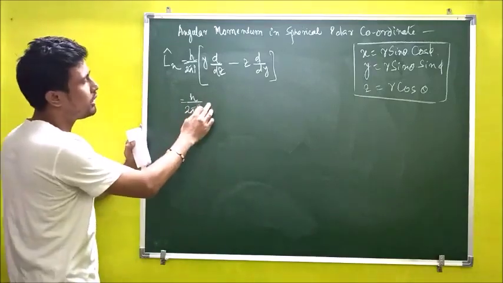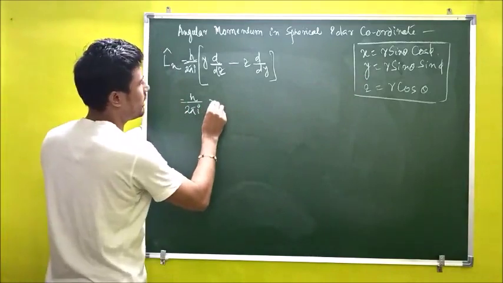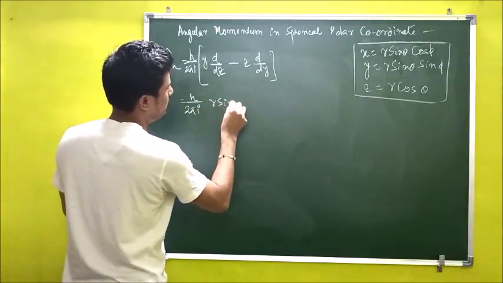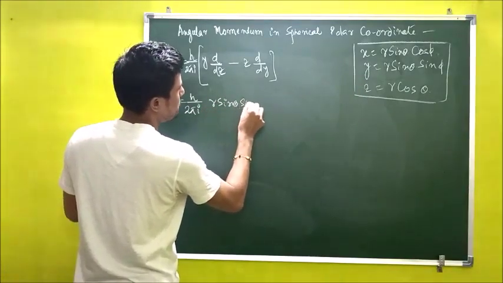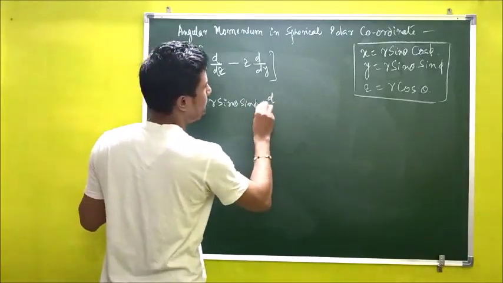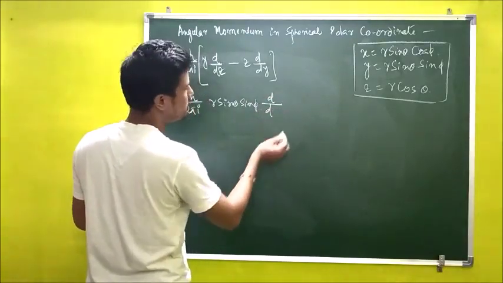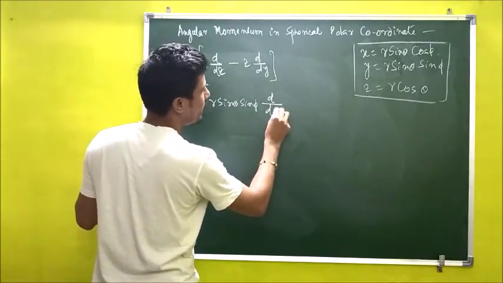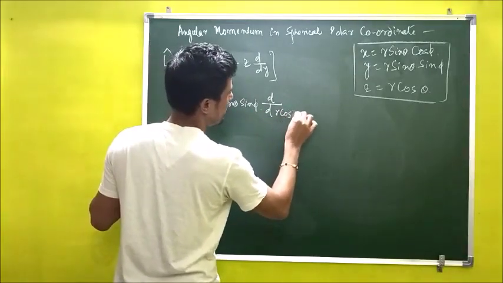You see here, h by 2 pi. In place of y, we can write r sine theta sine phi, and in place of d/dz we can write the derivative of r cos theta.